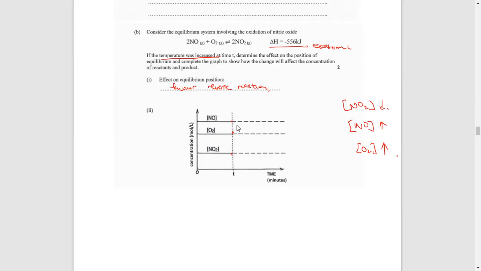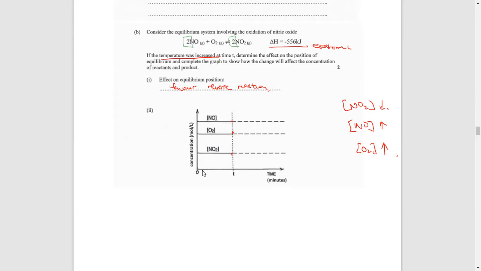Now we need to draw NO2 going down, NO going up, O2 going up. You should pay particular attention in the exam to the ratios. So I'm going to try to roughly do it by hand, but you should be using a ruler in the exam. NO2 will need to go down by a certain amount. We don't know how much.